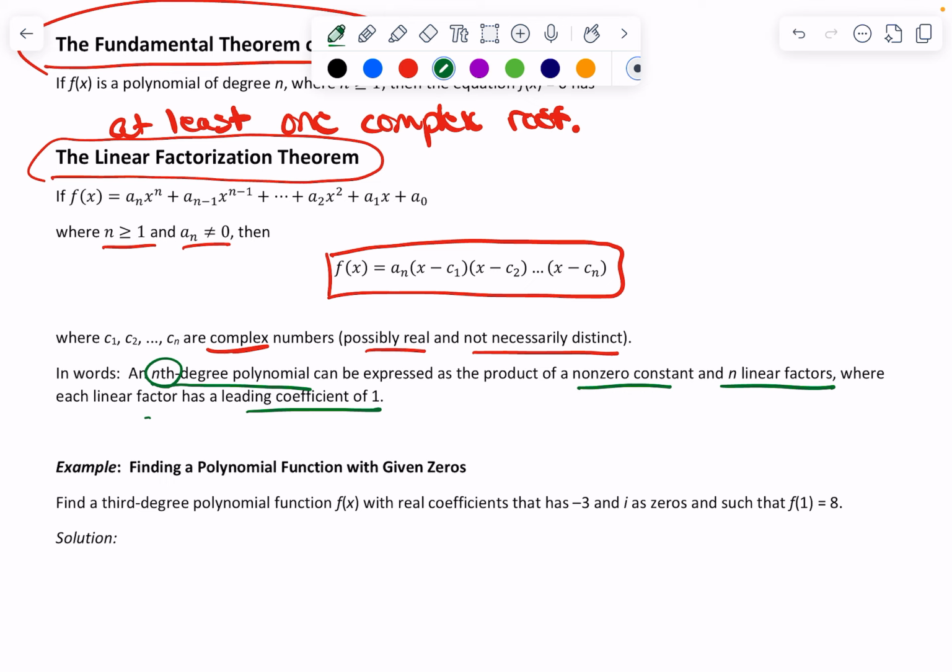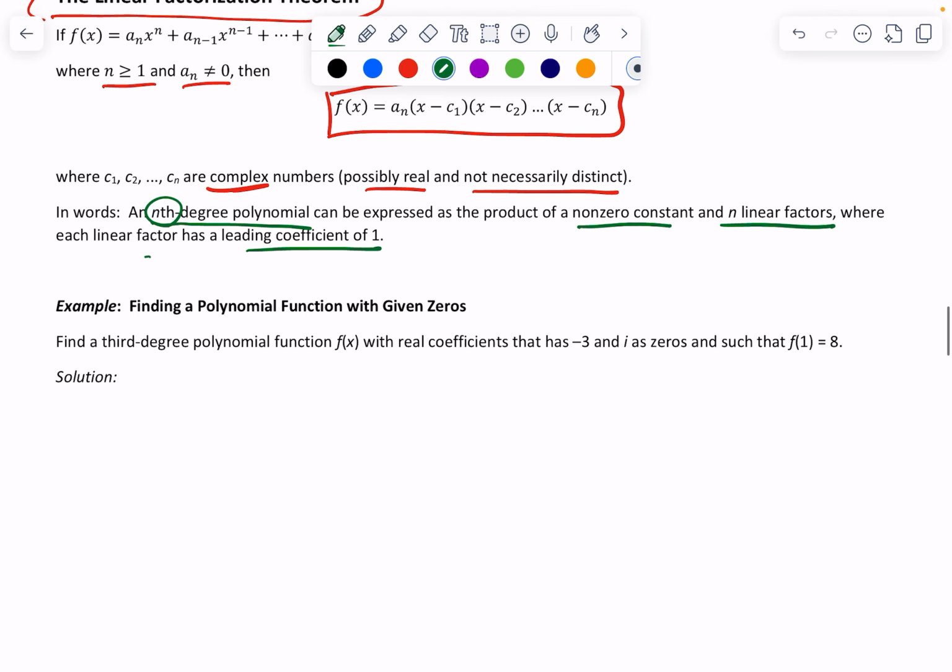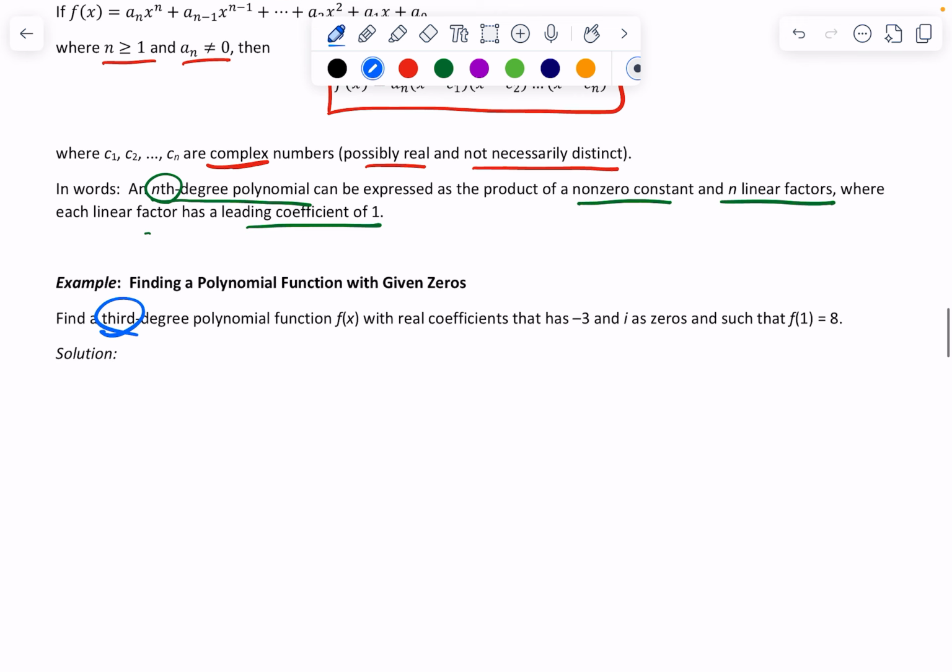Okay, let's look at our example. Finding a third degree polynomial function with real coefficients that has -3 and i as zeros and such that f of 1 is 8.